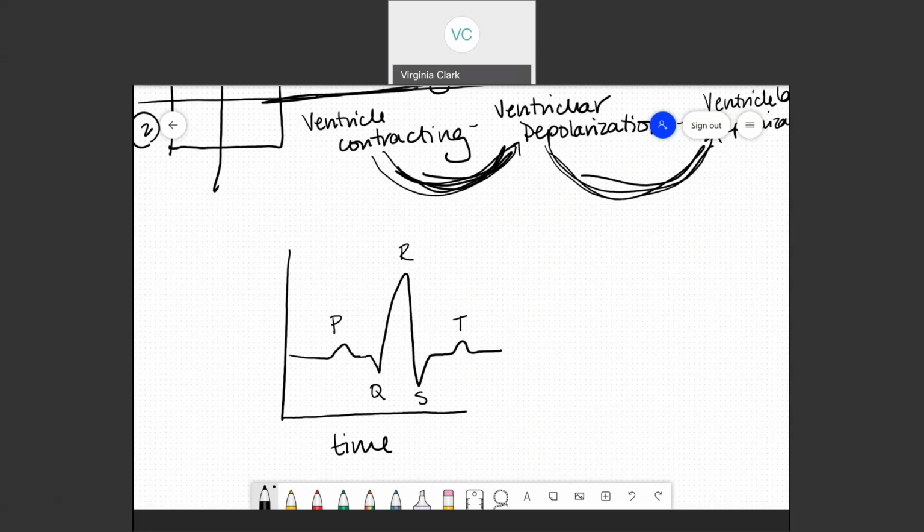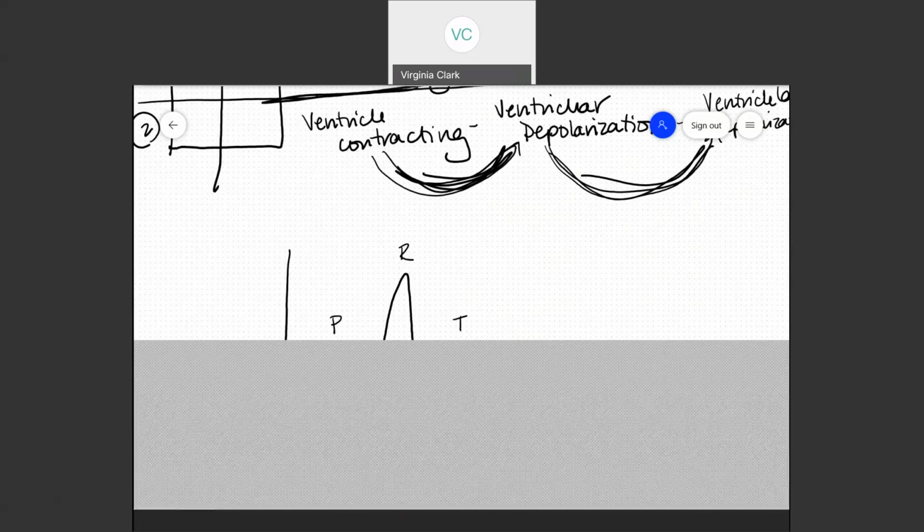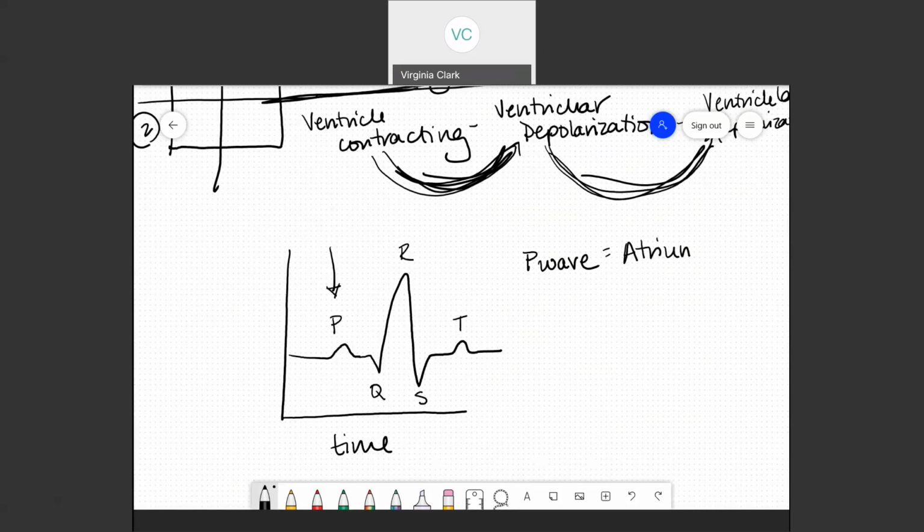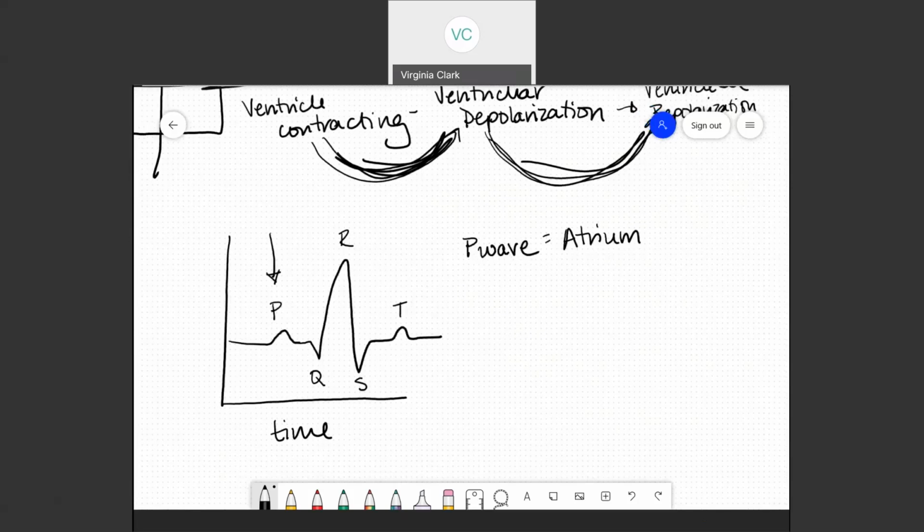So when you are going to have the P wave, this guy right here, this is what you see on an EKG when you are seeing your atrium going through the process of depolarization. So when your atrium are contracting and you're seeing a depolarization in that electrical signal, it shows up on the graph as this P wave.